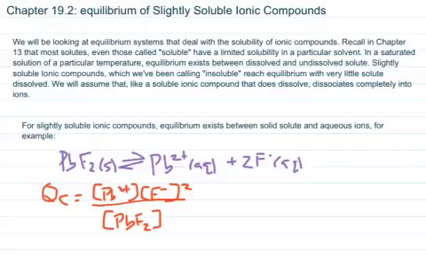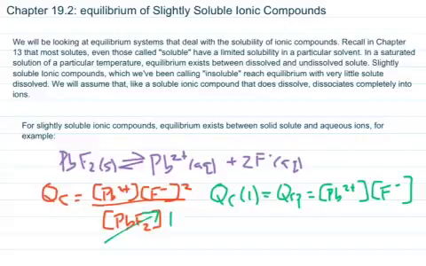Now one thing we have to remember is that lead(II) fluoride is a pure solid, so it's going to equal 1. So we actually get Qsp from our Qc when our lead(II) fluoride is equal to 1, and we have just our ions, our lead and our fluoride.